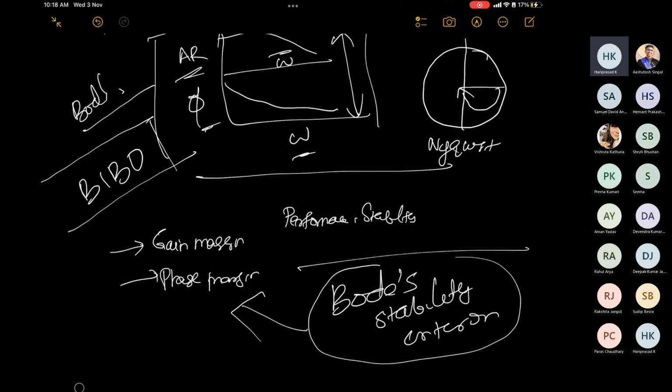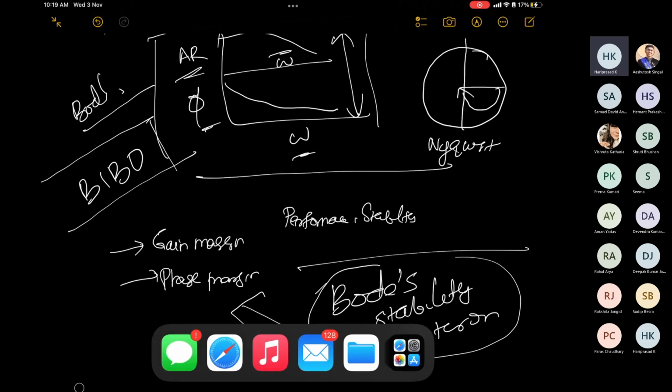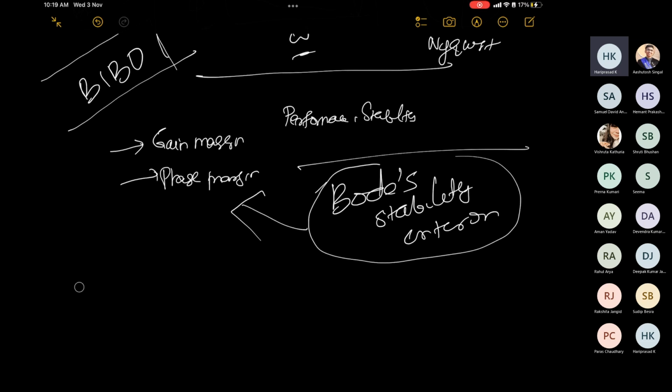See here, everything is in terms of frequency. So regardless of the input boundedness, we have to define some stability criteria in terms of frequency. That is basically the Bode stability criterion, which is much stronger, and also see, when we look at the Routh array and the Routh stability criterion, we have seen it.